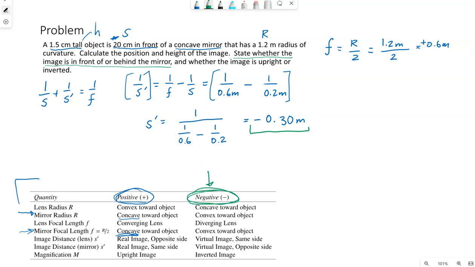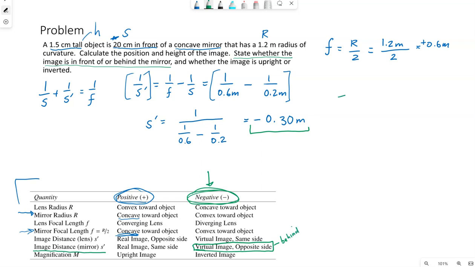We just came up with a negative answer for an image distance, S prime, for the mirror. So since we came up with a negative answer, that means this image is virtual, but it also means it's on the opposite side of the mirror compared to where the object was. So this opposite side means behind the mirror.